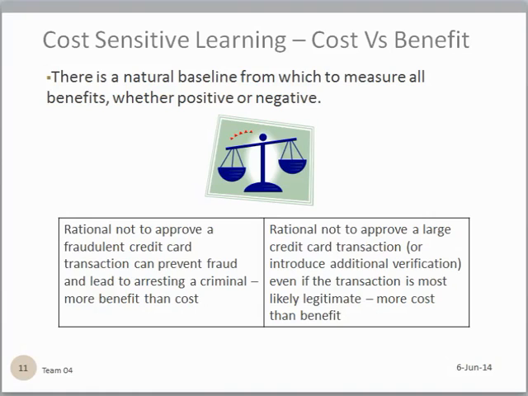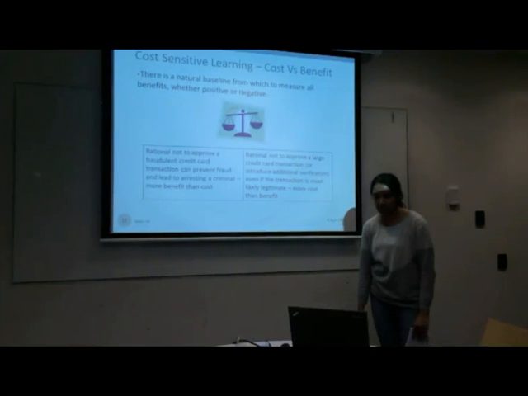The baseline is the state of the agent before it makes a decision regarding an example. After the decision is made, if it is better off, then its benefit is positive, and otherwise its benefit is negative. Now look at the example of a credit card transaction.